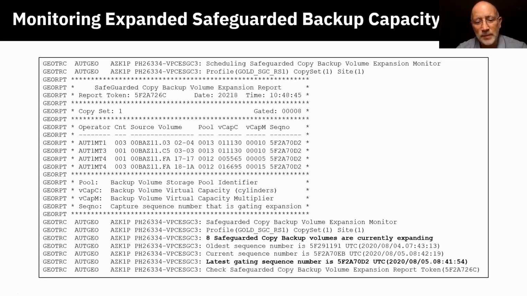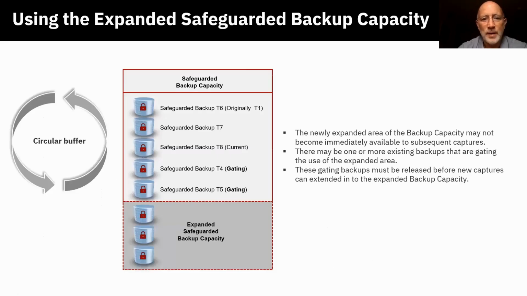And GDPS will identify those gating backups and report them both to the netlog and through SDF alerts. So you will see cases where an LCP administrator changes the multiplier, maybe from 2x to 4x, and thinks they can immediately start to use that space, only to discover that the space will not become available for use until the gating backups have actually been expired and released.